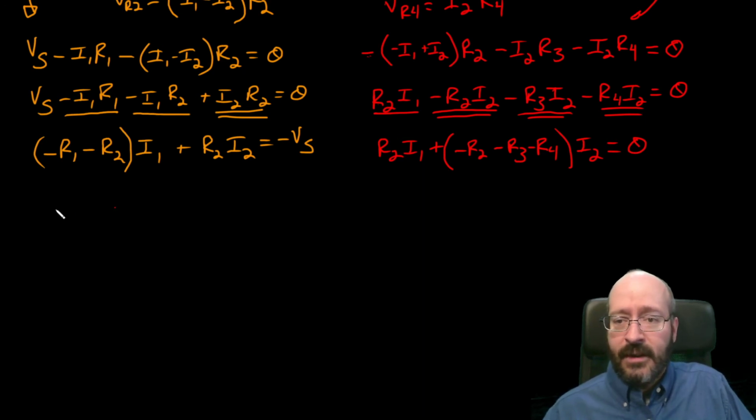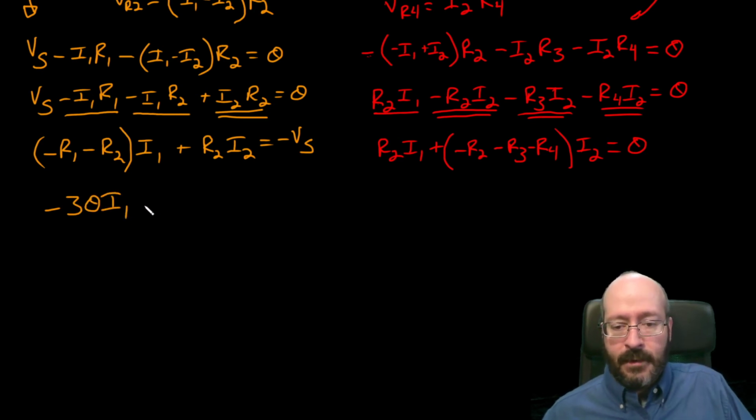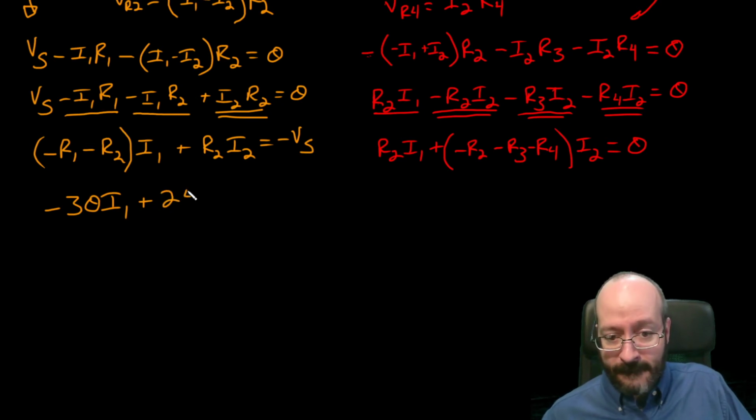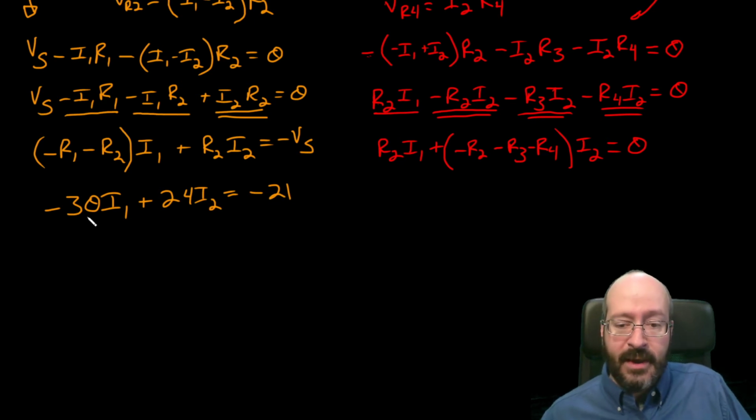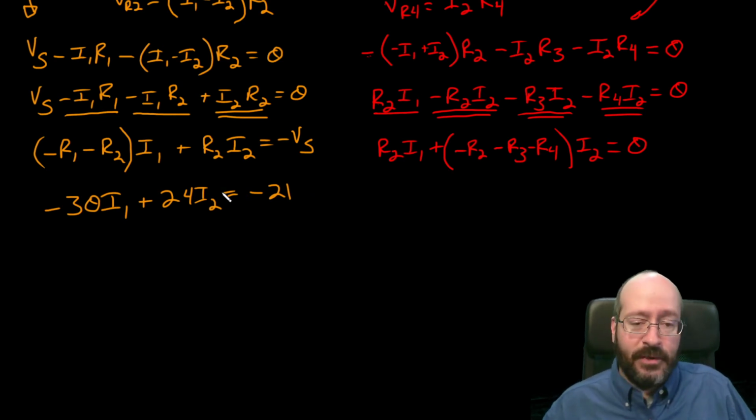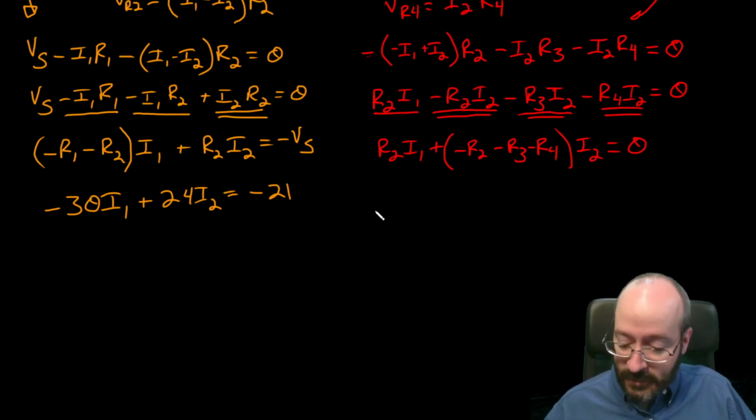So we're going to have negative 30 I1, plus R2 is 24, and that's going to be equal to negative 21. Now this 30 was a combination of resistances, right? So that's ohms and amps, and ohms and amps. We got volts over here, so everything is volts. So it is a KVL, it's a summation of voltages still. So that one looks good to me.